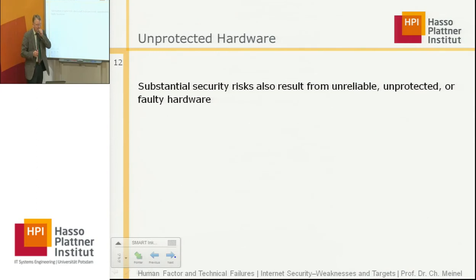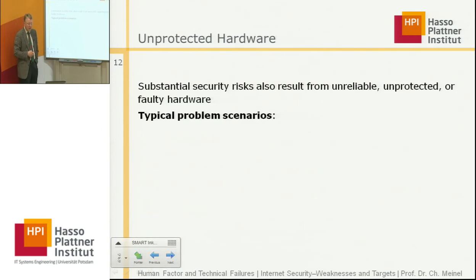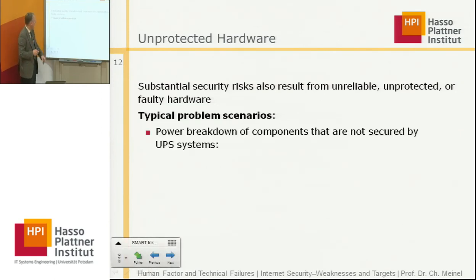Unprotected hardware is another risk factor in a company. So substantial security risks result from unreliable or unprotected or faulty hardware. Here are some typical problem scenarios. So a power breakdown for components that are not secured by such a UPS system.